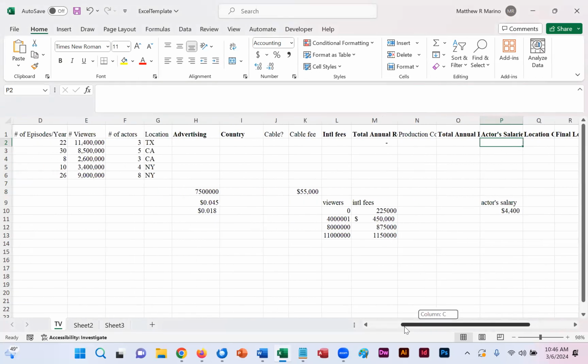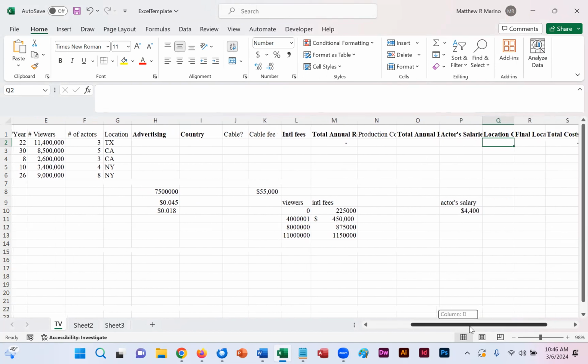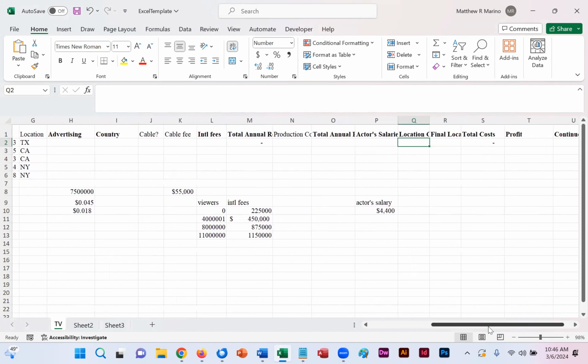For location cost, there would be none for the UK, or... So there's a location cost and a final location cost. So the location cost is going to be an if function to check first if you have NY in the location.